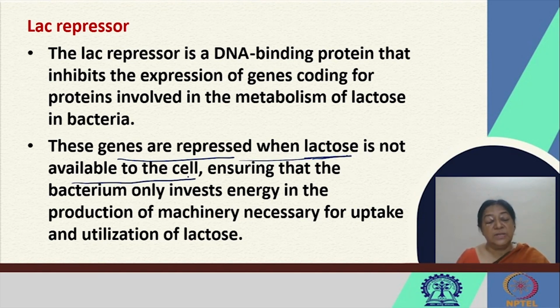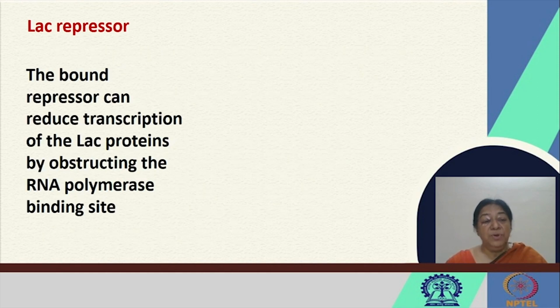This ensures that the bacteria only invests energy in the production of the machinery necessary for the uptake and utilization of lactose. The bound repressor can reduce transcription of the lac proteins by obstructing the RNA polymerase binding site.